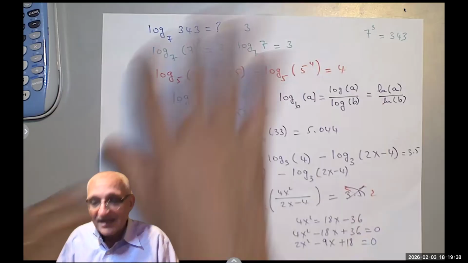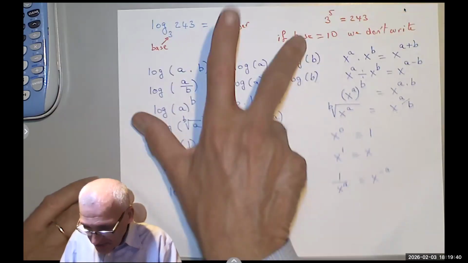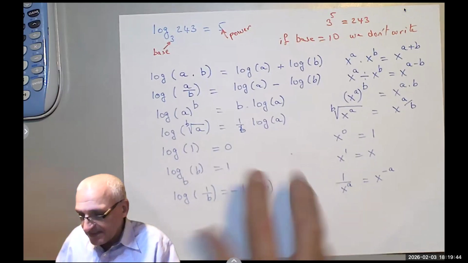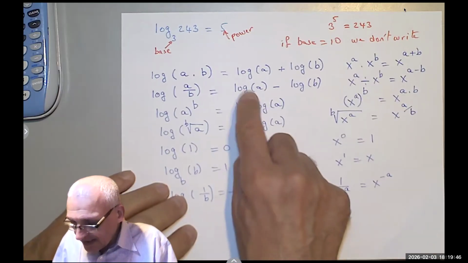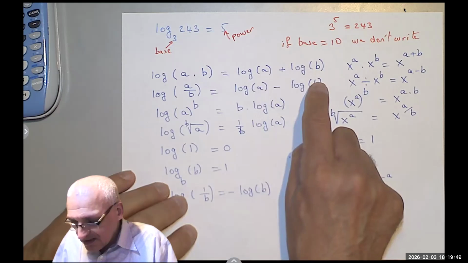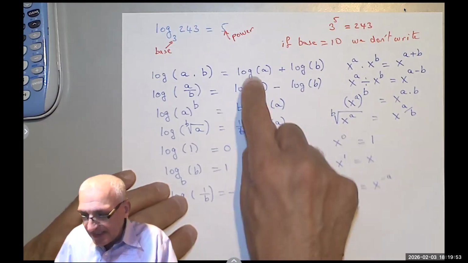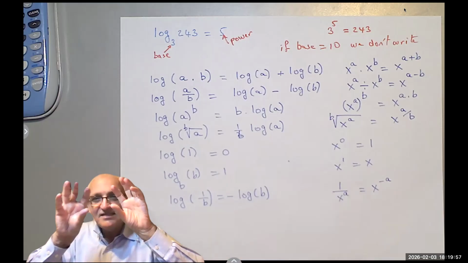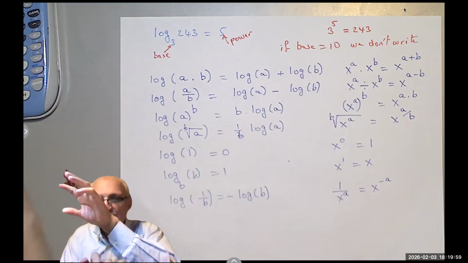I want you to go back over these laws and be careful. I see that a lot of times some people would say log a minus log b, and then they say it's log a divided by log b. So how did you transform this difference of two logs into a ratio of two logs?